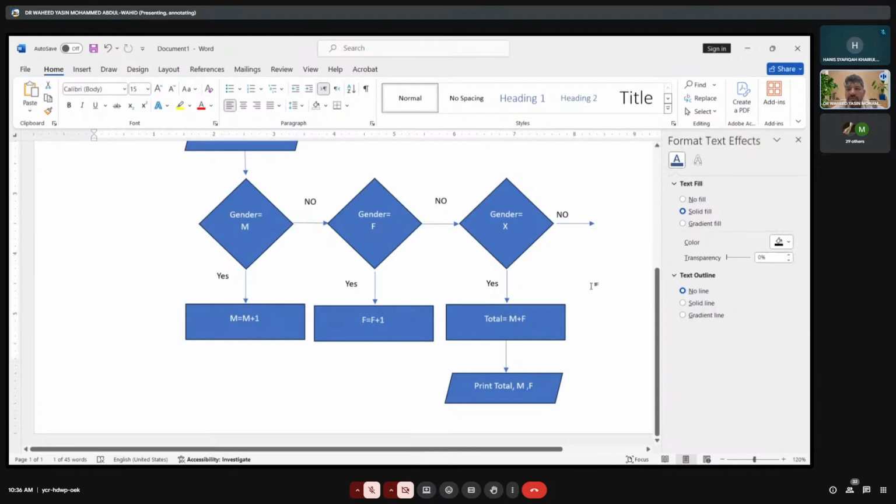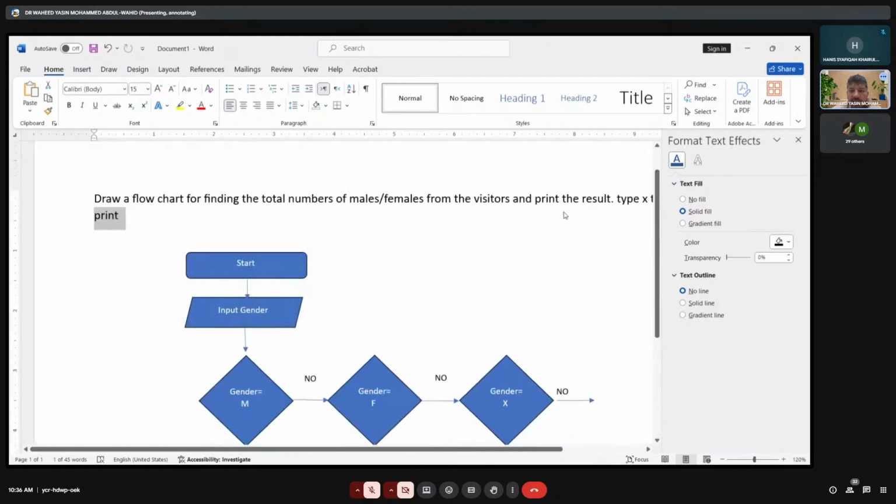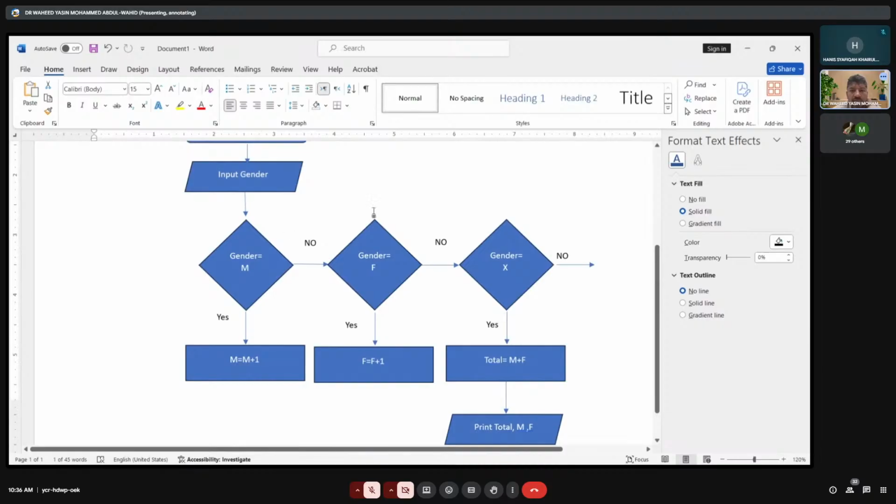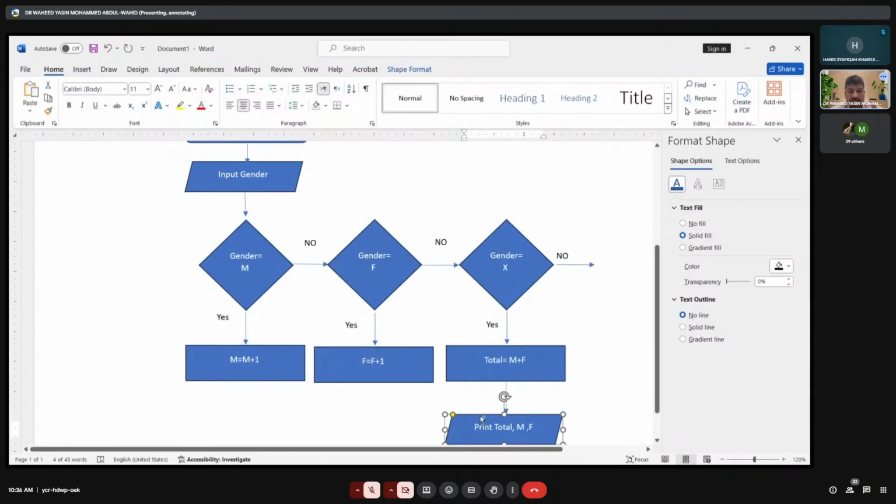So here, if it is no, we have to loop. Input gender, M plus 1, F plus 1, X total M plus F, because here type X to print. So here if no, loop, we have to print invalid input.